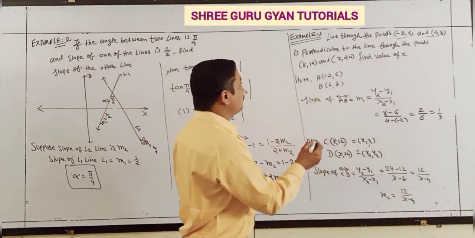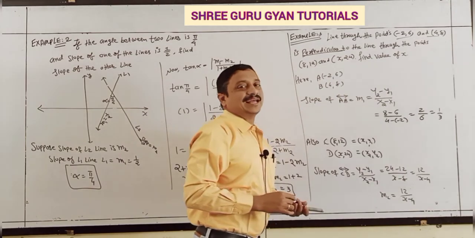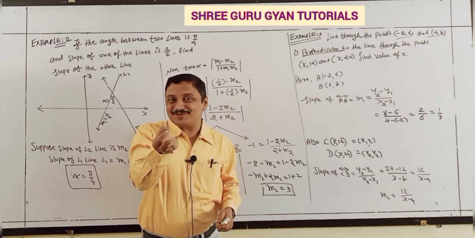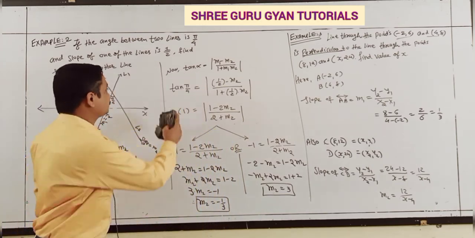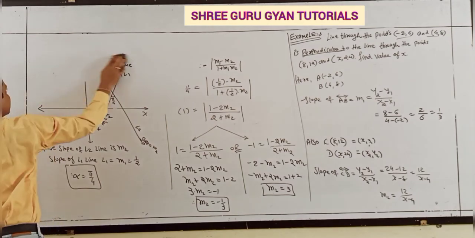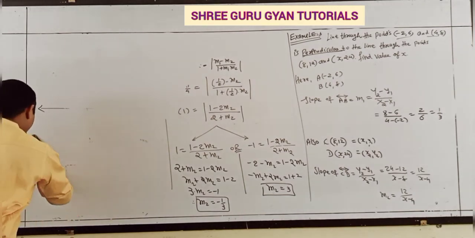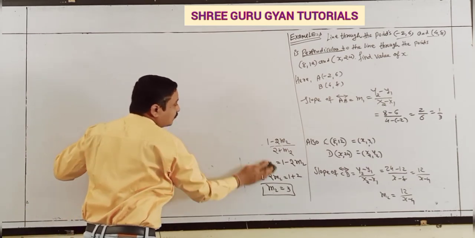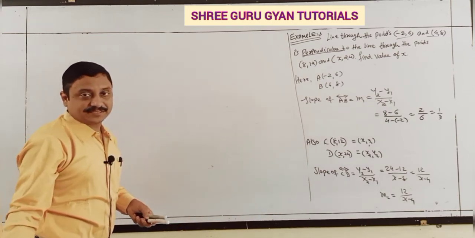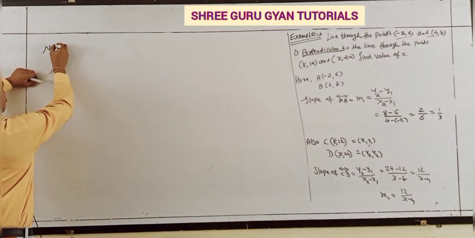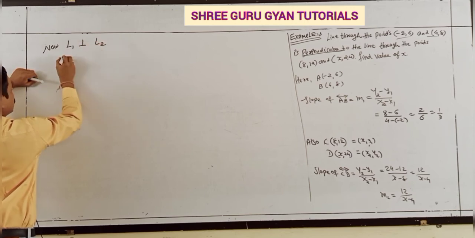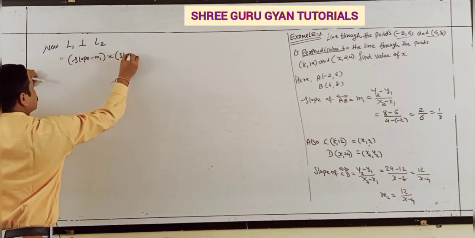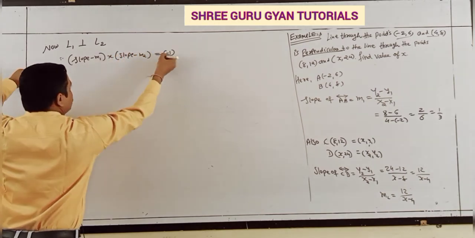Now read, what is given between them? Yes, both lines are perpendicular. So the condition is already known: M1 times M2 equals minus 1. So attach those values and easily derive the value of x. The main important properties you should know by heart. L1 is perpendicular to L2, so slope M1 into slope M2 equals minus 1.